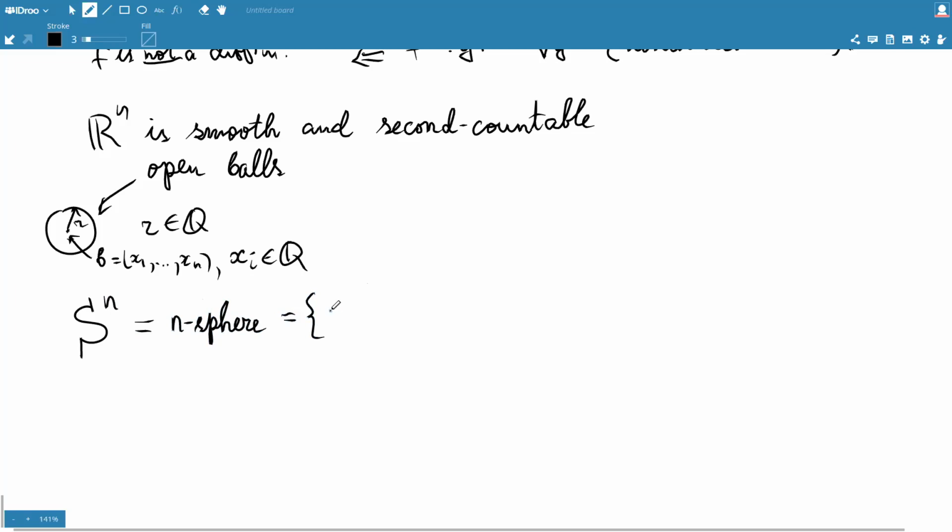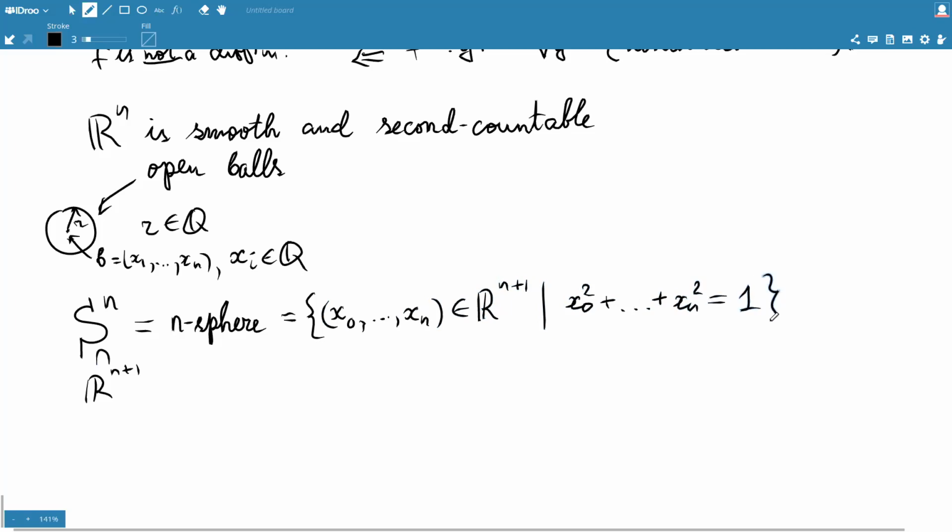Let us take R^(n+1), where it lives canonically, and take the coordinates from x0 up to xn in R^(n+1) such that the sum of squares of them is 1. So this is the unit sphere.